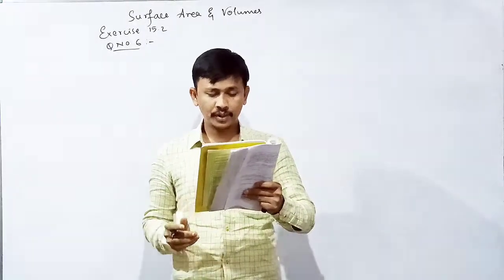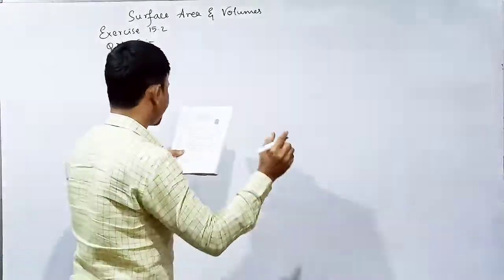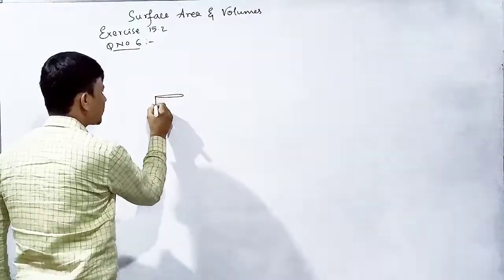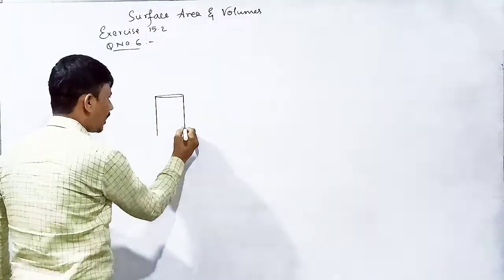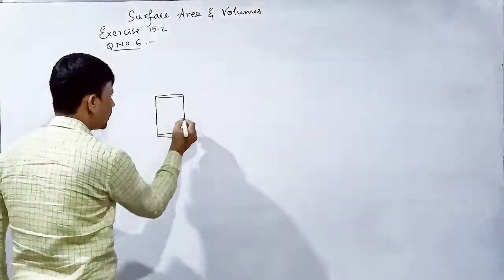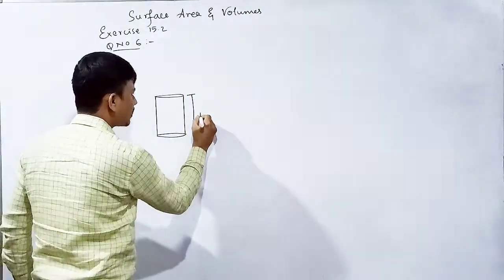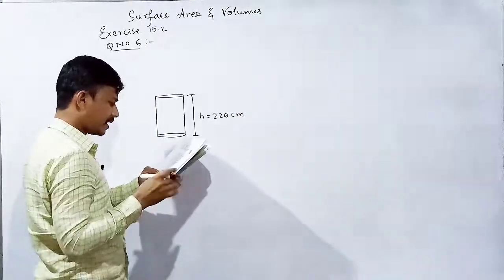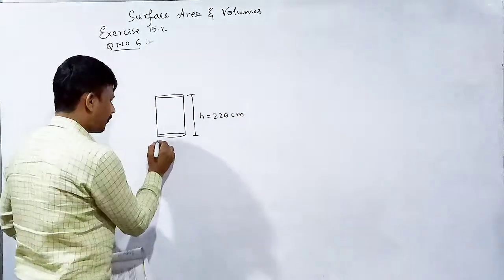Done. Sixth question. A solid iron pole consists of a cylinder of height 220 cm and the base diameter is 24 cm. There is a cylinder like pole. The height of the cylinder like pole is h equal to 220 cm and the diameter is 24 cm.